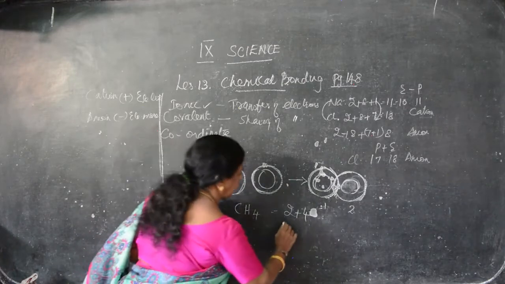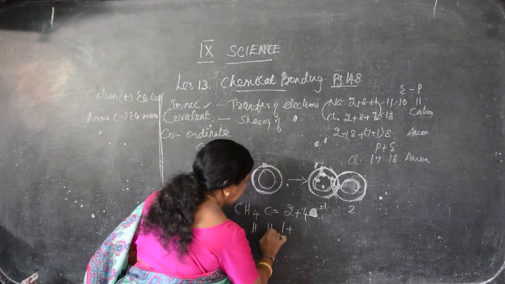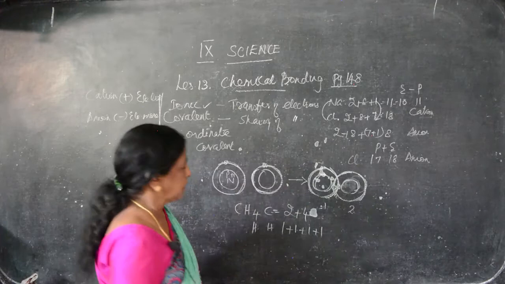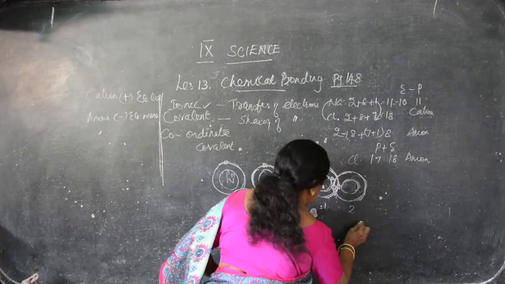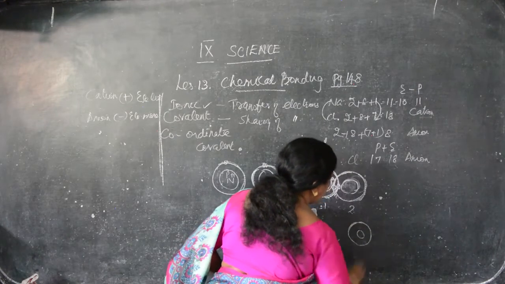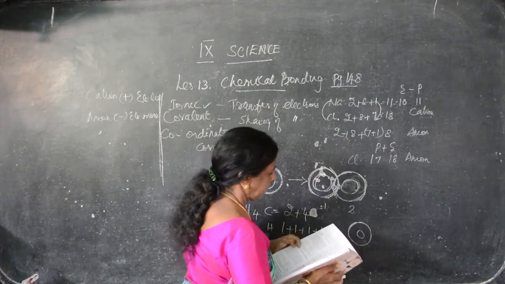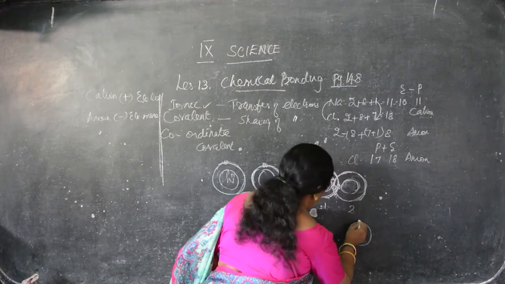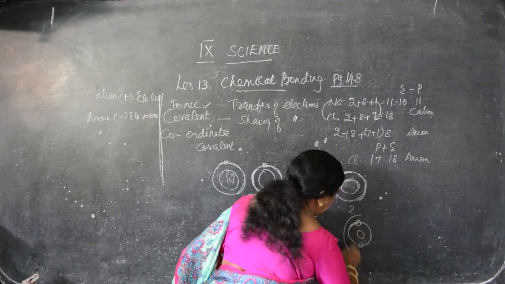Then hydrogen is 1, and there are 4 hydrogen atoms. The carbon is in the center, and 4 hydrogens combine with it.